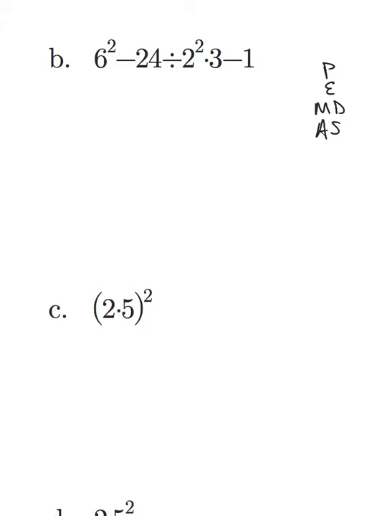So if I look at my checklist, my first step is parentheses. Since we don't have any parentheses, I can go ahead and check that off. My second step is exponents.